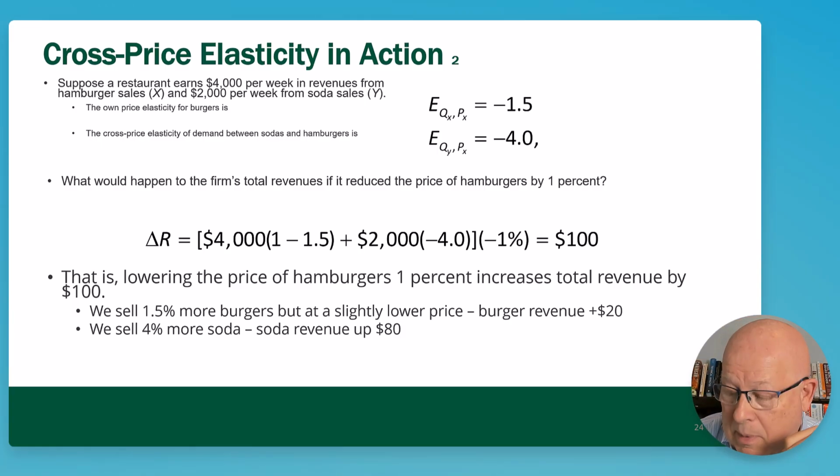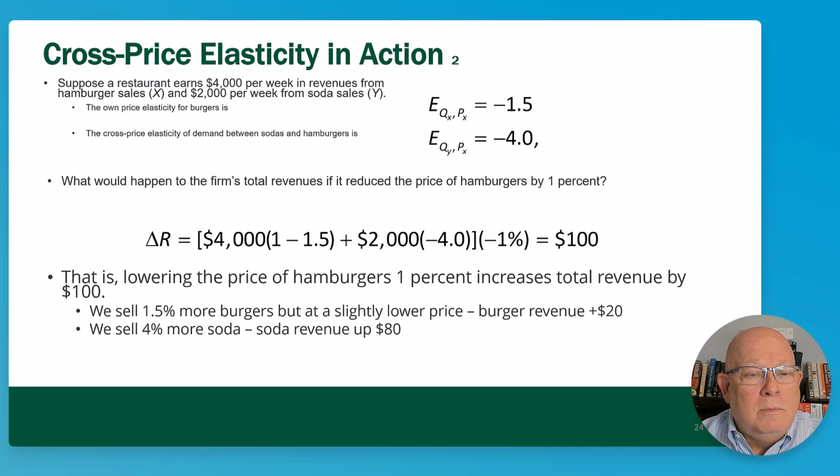If we raise the price of hamburgers, we want to know what the impact is on the quantity of sodas that is sold. Remember, we're just looking at hamburgers. We're going to increase the price of hamburgers by 1%, and what we want to estimate is what's going to happen to our overall revenue if we do that. Is our overall revenue going to go down depending upon the change in quantity, or is it going to increase?